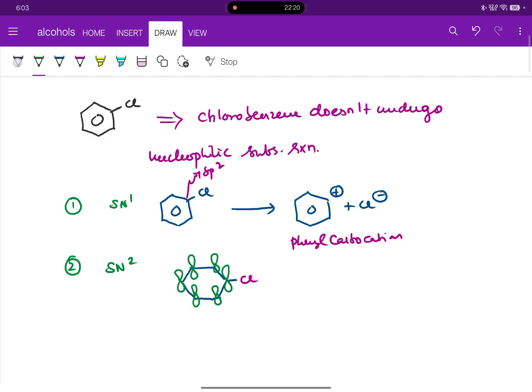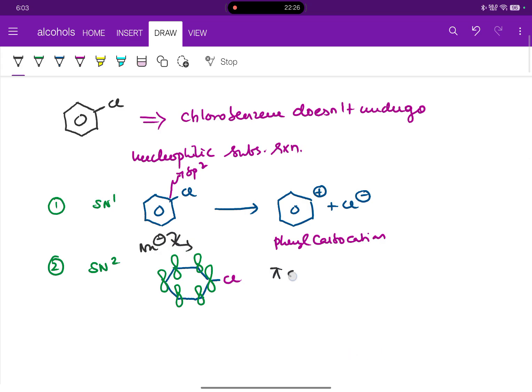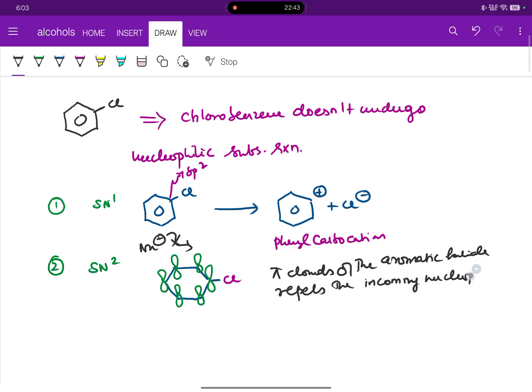Even if the nucleophile tries to attack from the rear side, it is never possible because the pi clouds of the aromatic halide repel the incoming nucleophile. Correct? Now let us go for the third one.